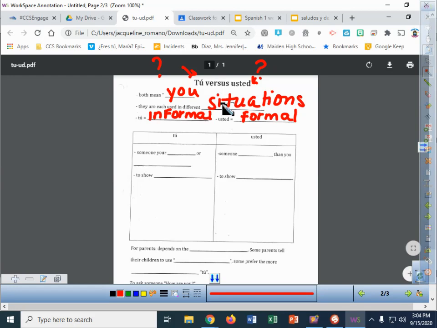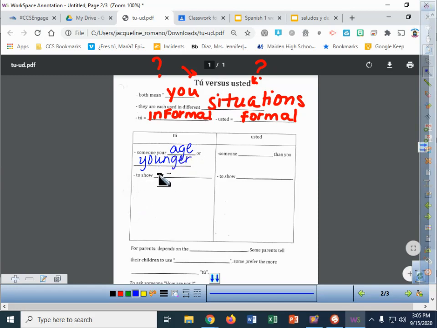So when do I use tú? When someone is your own age, someone is your age, you can use tú. Or someone that is younger. Someone that is your age or younger.